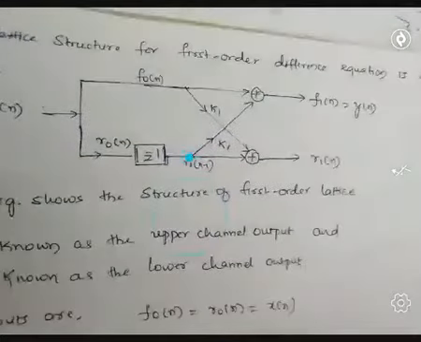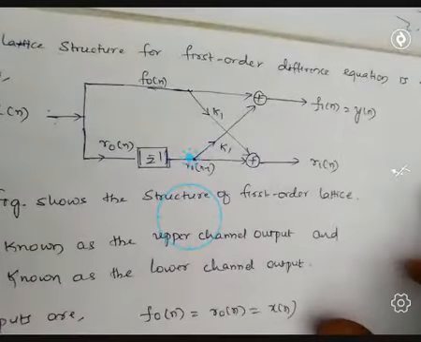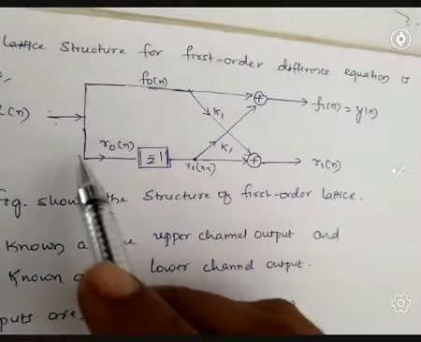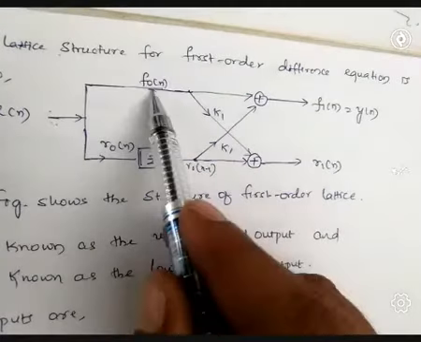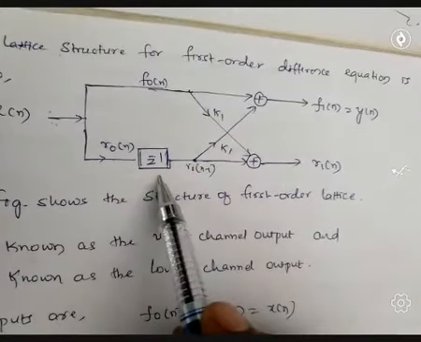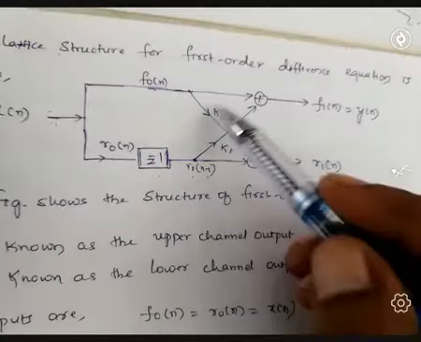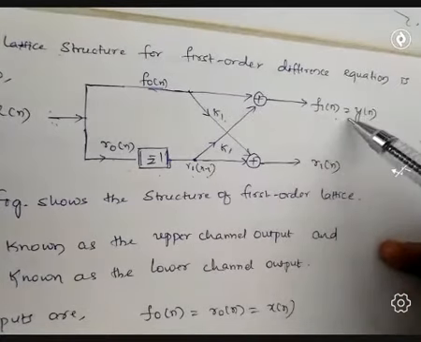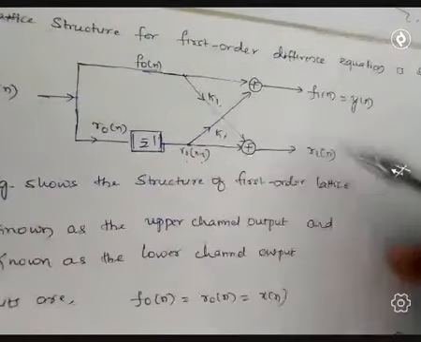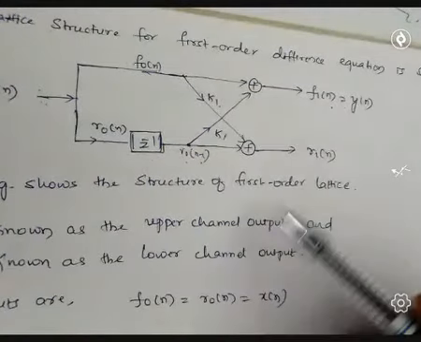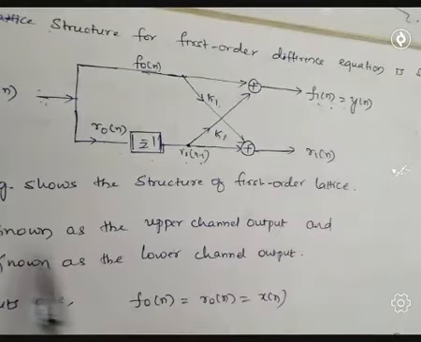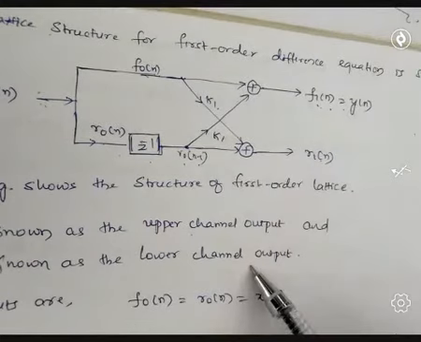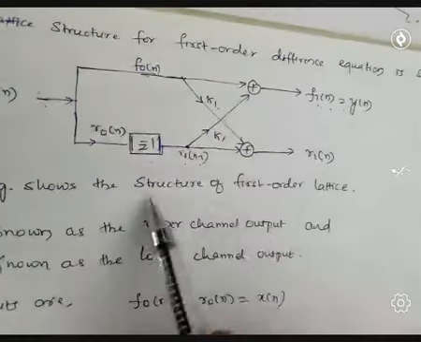For that, I am going to sketch x(n), the input sequence, that is applied as f_0(n) and r_0(n), with one time delay giving r_0(n minus 1), and the coefficient terms represented as k_1. Here f_1(n), that is equal to y(n), is known as the upper channel output, and r_1(n) is known as the lower channel output. So this diagram shows the structure of first order.